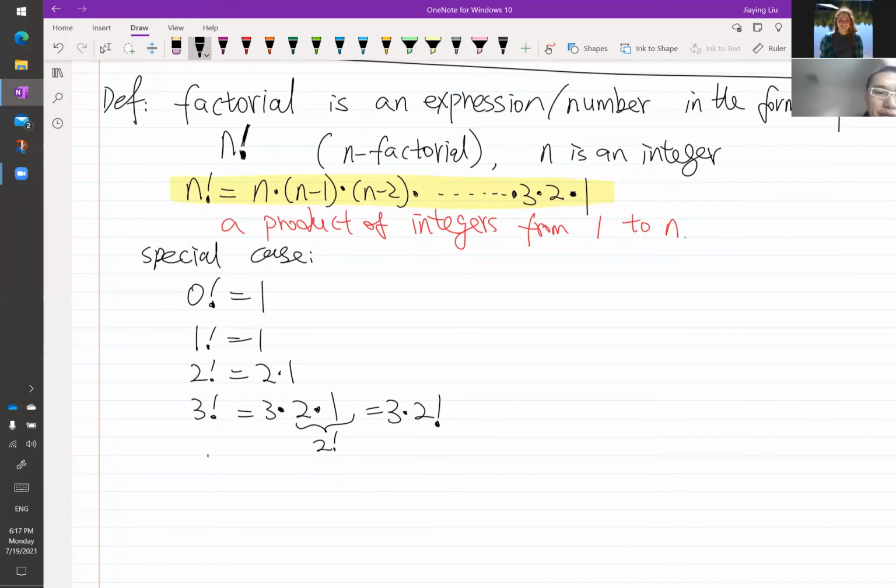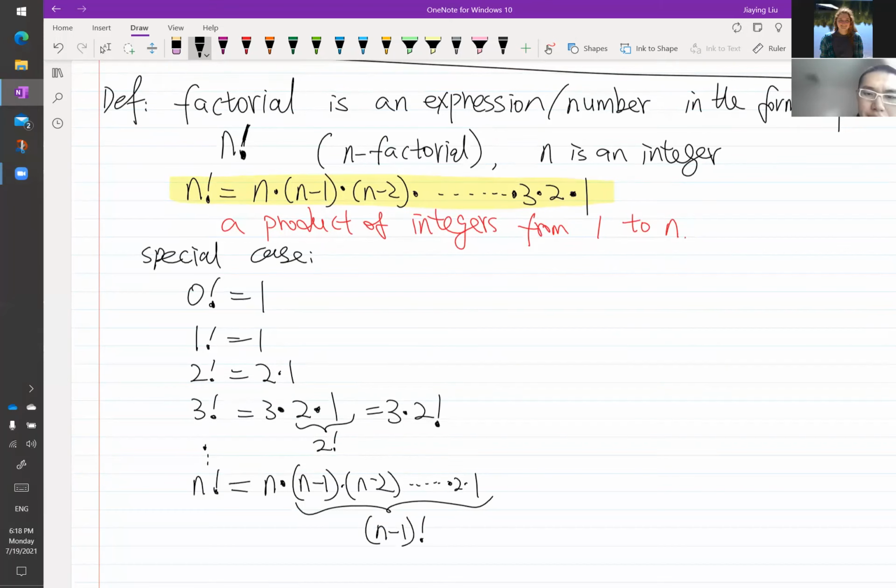More commonly, n factorial we can write as n times n minus 1 times n minus 2, I'm going to skip a lot of numbers there, times 2 times 1, right? But this part, if we multiply from n minus 1, n minus 2 all the way down to 1, that really is n minus 1 factorial.